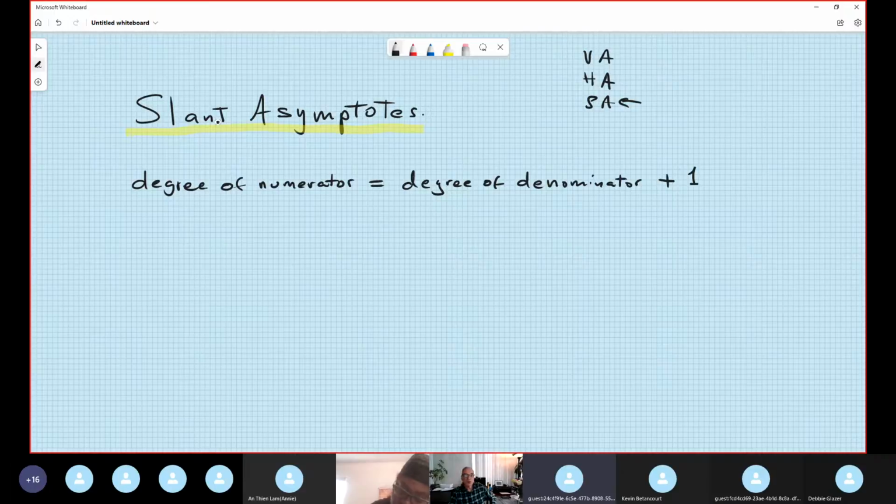Okay, another easy way to understand: when the degree of the numerator is bigger, but not bigger by 2, 3, 4, 5, only 1. Example to understand more clearly. Suppose f of x, this is example 7, I guess.